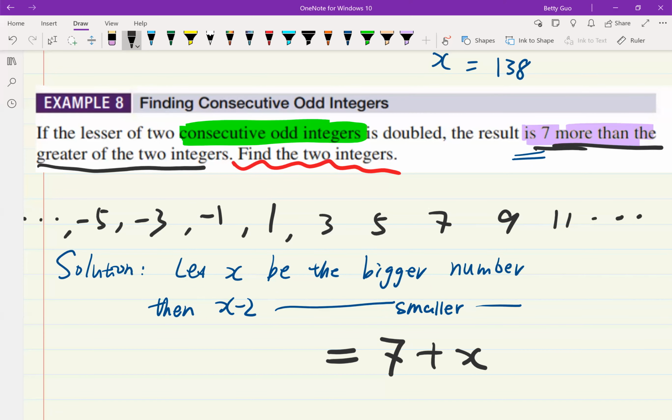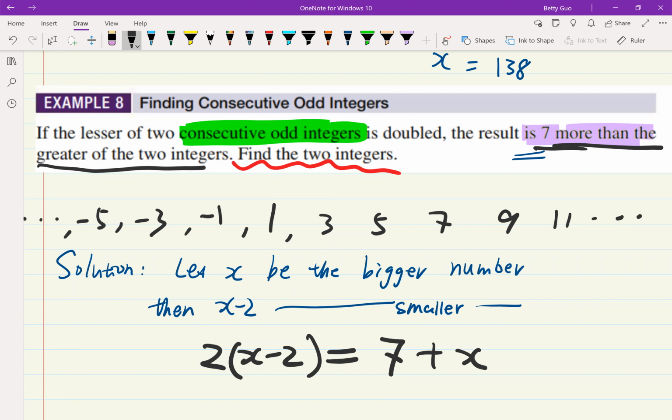On the left, if the lesser of the two numbers is doubled, what does double mean? If you have $10, I double it, you have $20, right? Do you multiply by 2? Double the smaller number. This is the smaller number of the two consecutive odd integers.